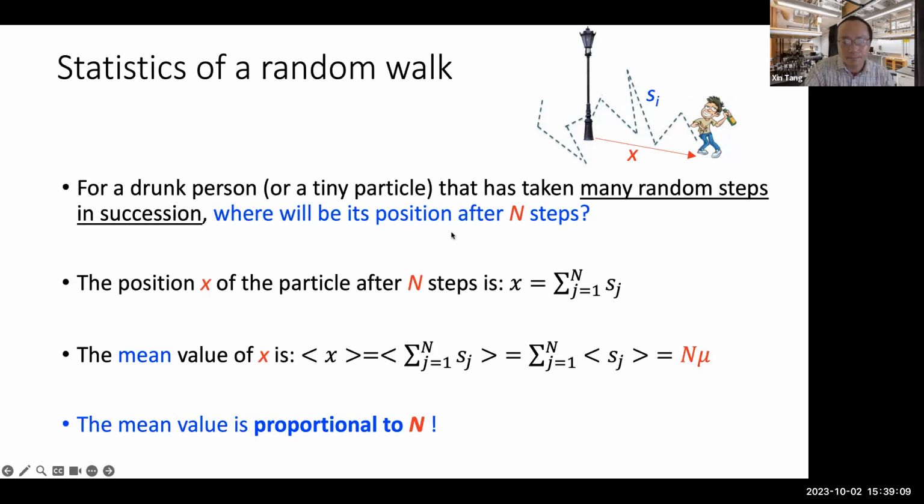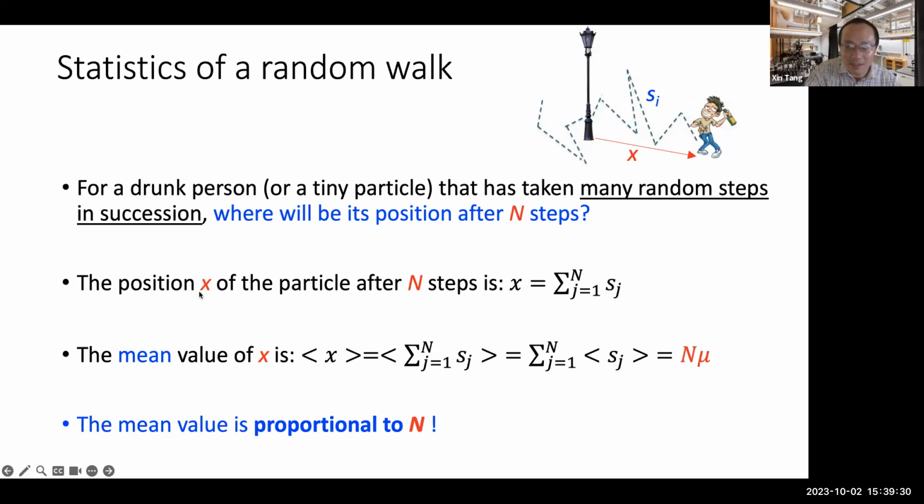Okay. So to calculate that, we can denote the final position as x. That is after the particle, but the drunk person is the same, has taken n steps.